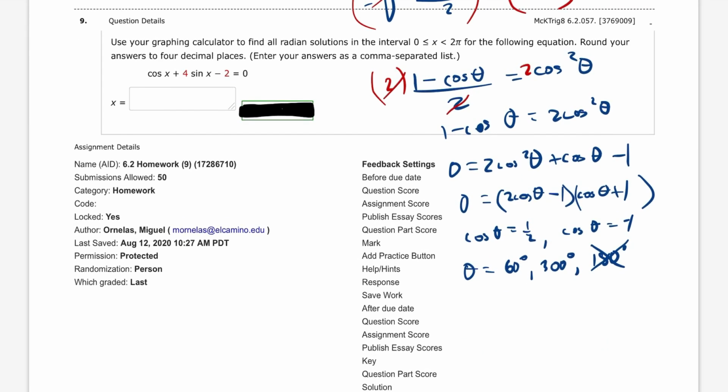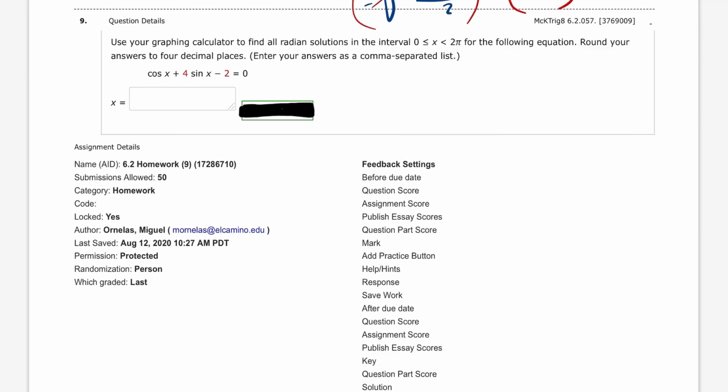All right, for the final problem, it says use a graphing calculator to find all radian solutions. So what I would recommend is just go to desmos.com if you don't have a graphing calculator, and type in this function.